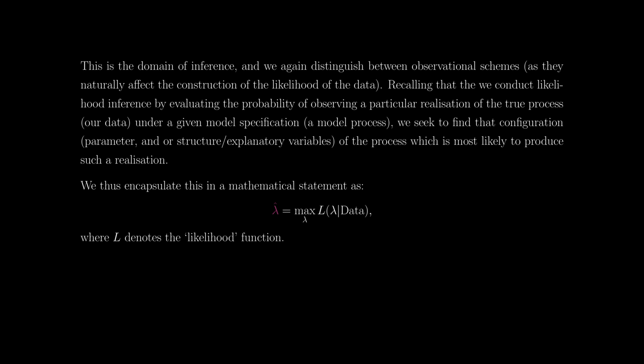We thus encapsulate this in a mathematical statement: the estimate of the parameters of the process is given by that which maximizes the likelihood function under a given model process. This invokes the maximum likelihood principle, which you should be familiar with from your adventures in statistical calculus.